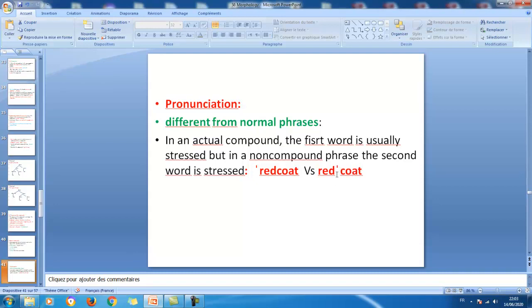This is what is being qualified, what is modified by the adjective here. So the adjective just follows here. So this one is what we stress most. We say red coat, but here a red coat here. So there is a difference in pronunciation between compounds and their corresponding phrases.